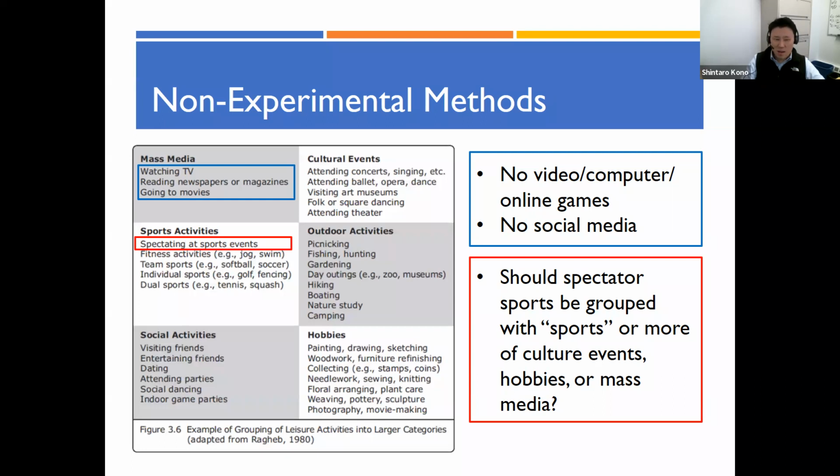Are they actually the same thing? Should they be grouped in the same category? Or maybe spectator sports is somewhere else, like cultural event, maybe. We have to be careful about whether surveys are up to date, relevant to the population, the group of people you're studying, and how categorization is done, whether categorization makes sense or not.